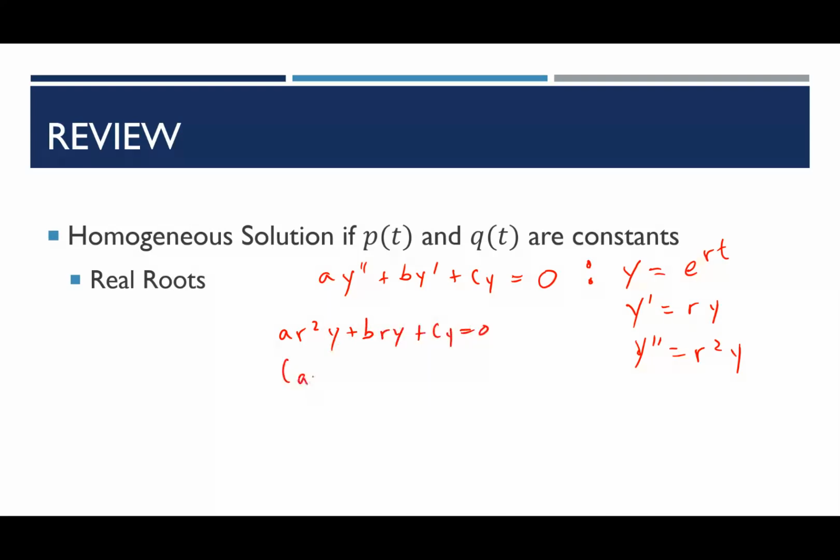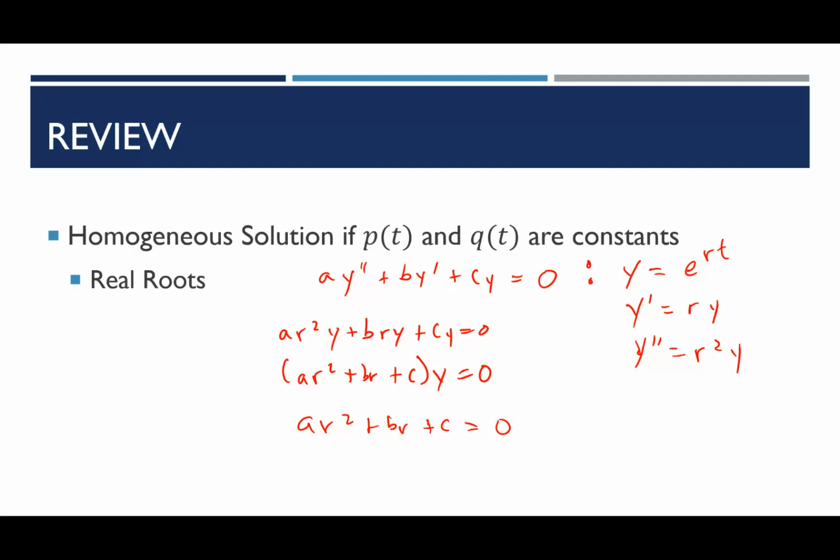So a r squared plus b r plus c, times y, equals 0, which is true for the trivial solution, that is y equals 0, or if the thing in parentheses is 0. And so then we just take a r squared plus b r plus c equals 0, and we find the roots.